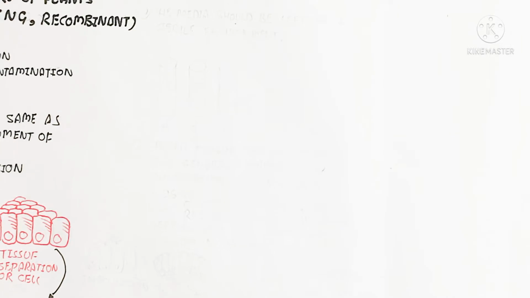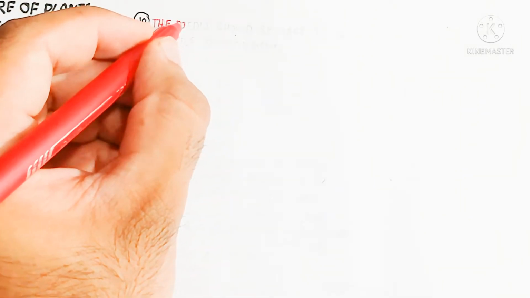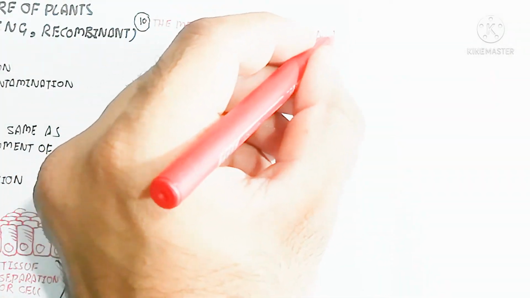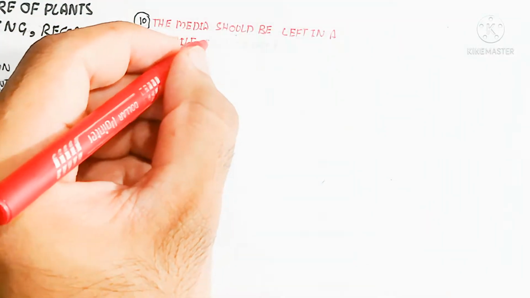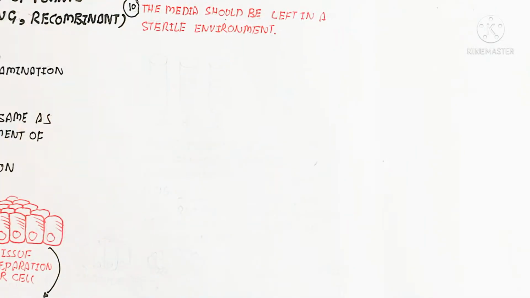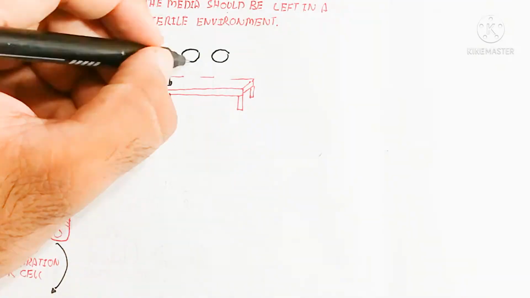We will put the tissue, for example a protoplast cell, which is a living cell, into it for tissue culturing. The last step of media preparation is that the media should be left in a sterile environment, so it should be contamination free.